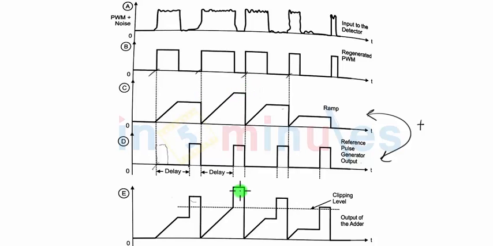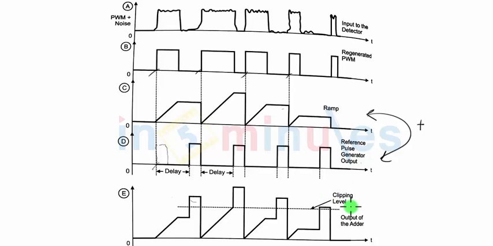Now, if you add the pulse to that, obviously the final output will also be more. And the reason the ramp signal remains for a longer time was the higher width of the pulse. So in short, whenever you have a pulse with higher width in the PWM signal, you will get the output of the adder also with very large amplitude.